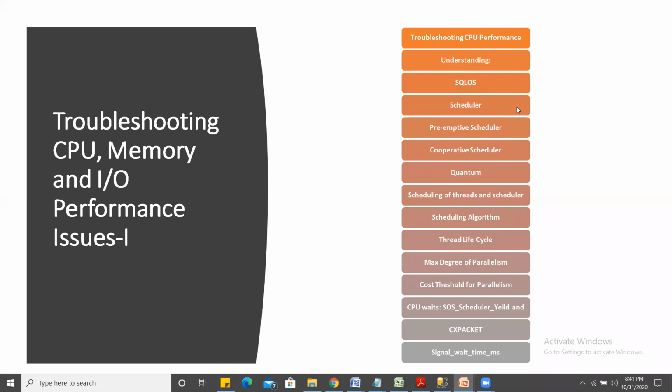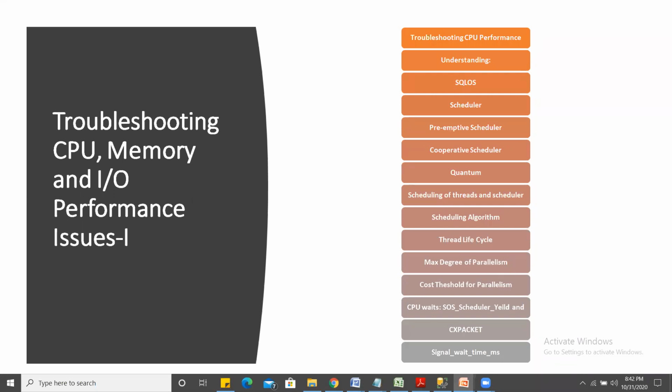A query can be a single threaded query or a multi-threaded query. It depends on how your plan has been generated. If a query plan is a serial plan, it will be represented as a single thread to the scheduler. If your query plan is a parallel plan, it will be represented as a multi-threaded query to the scheduler.